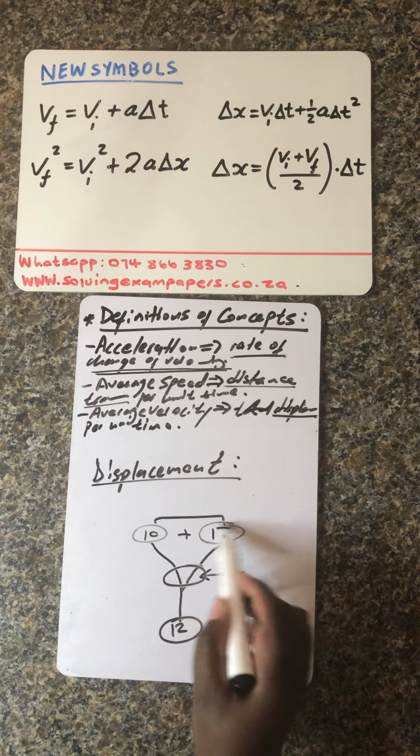For example, this is a chapter which is in grade 10, and because it's not there in grade 11, it doesn't necessarily mean that when you get to grade 12, you'll be doing something completely different from what you learned in grade 10. Okay, it's just a continuation of what you learned.